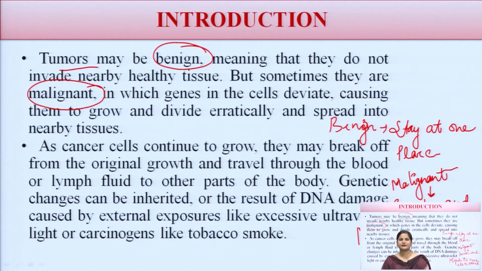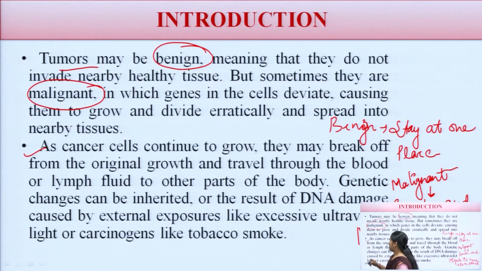Right. So always remember two things: benign, which always stays at its original location, and malignant, which can migrate from the original location to the next one nearby, get infected and damage the nearby cells.